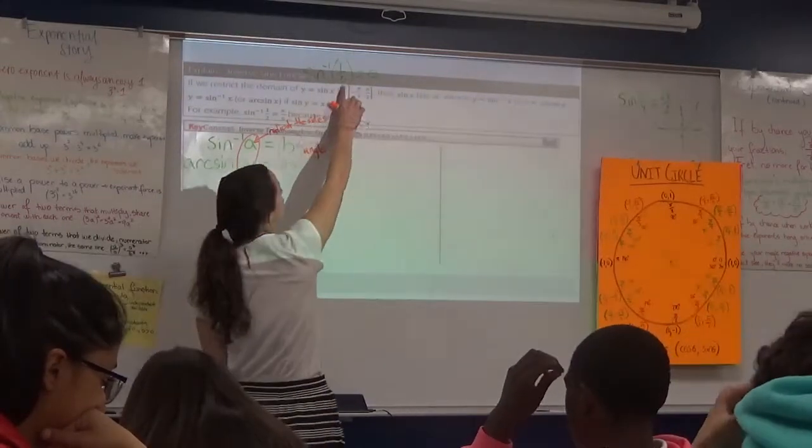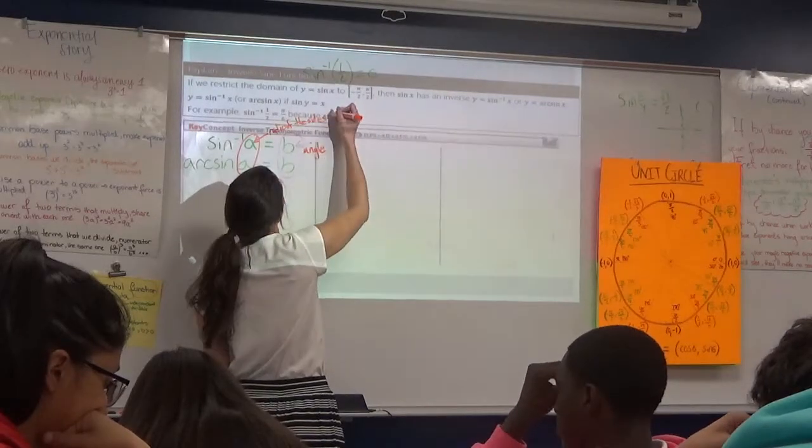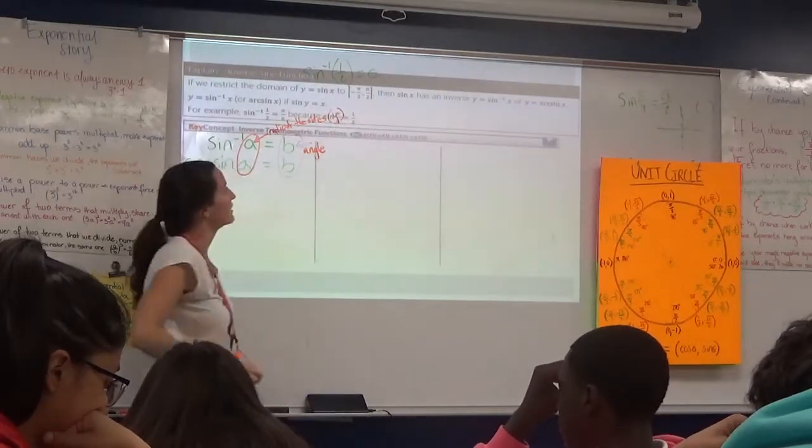So notice we put the y, we put the 1/2 inside, and the theta is on the outside. So you can think about this as y for sine.